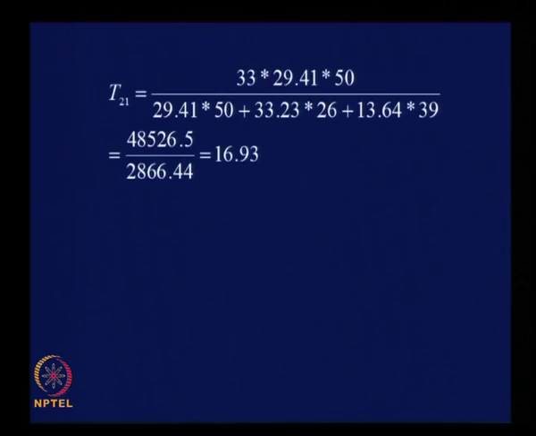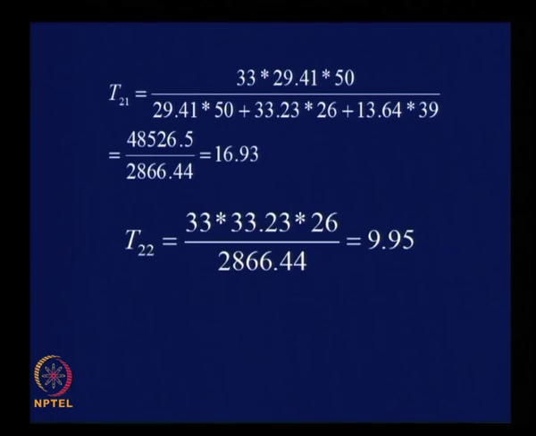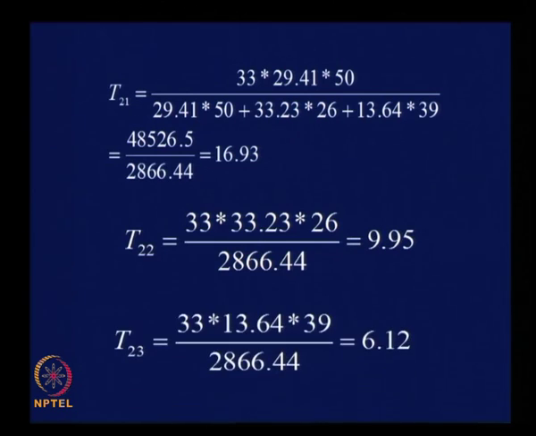Then trips from zone 2, T21 works out to 16.93, T22 works out to 9.95 and T23 is 6.12.